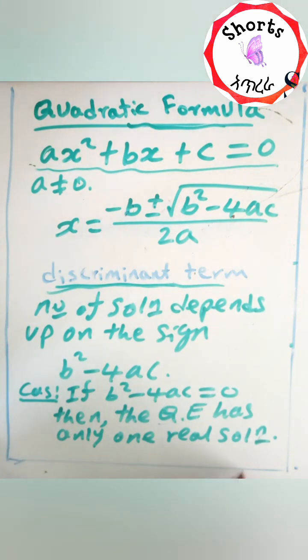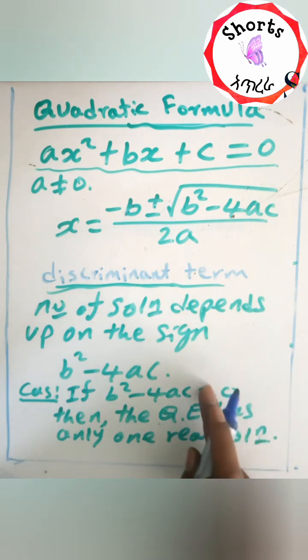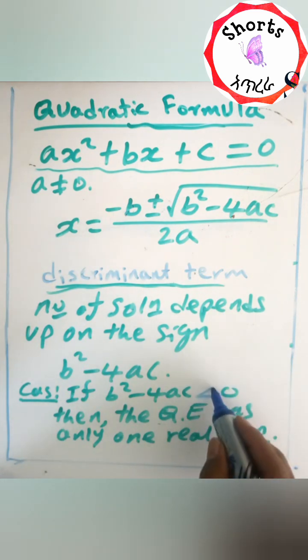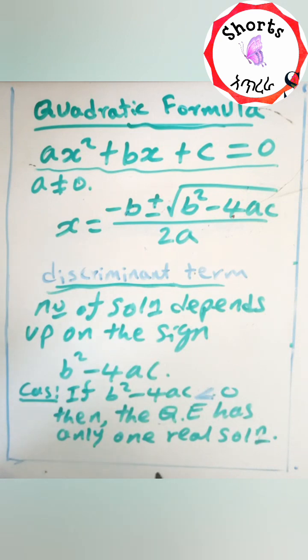In the second case, case 2, if b square minus 4ac, the discriminant term, is less than 0, then the quadratic equation has no real solution.